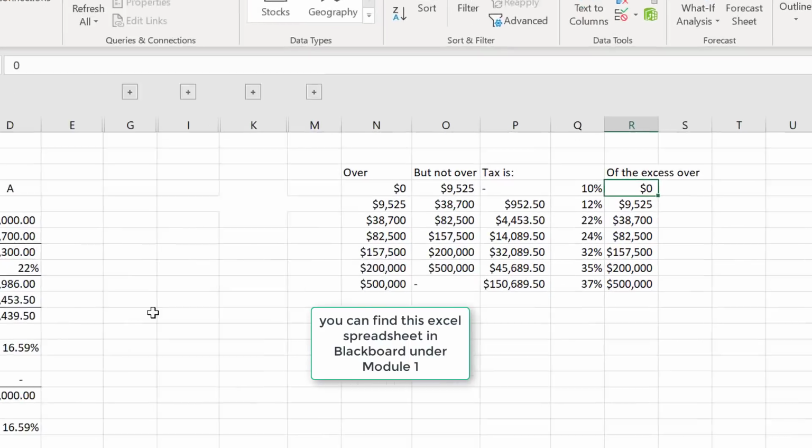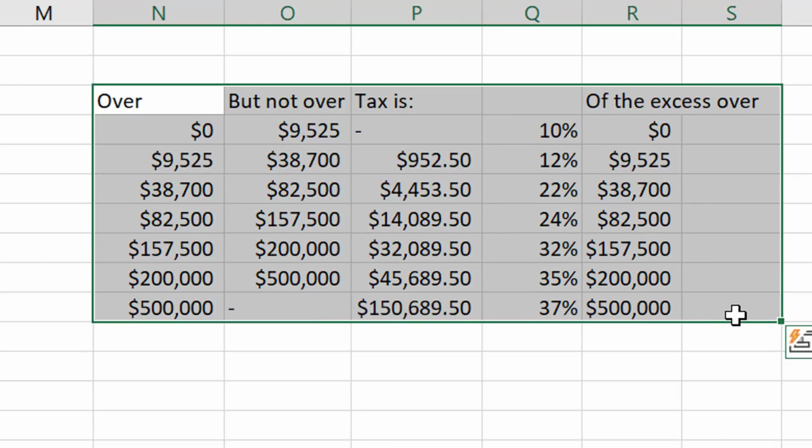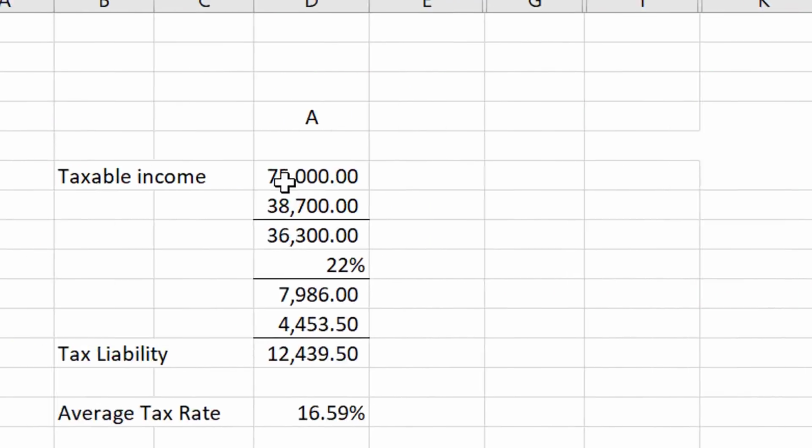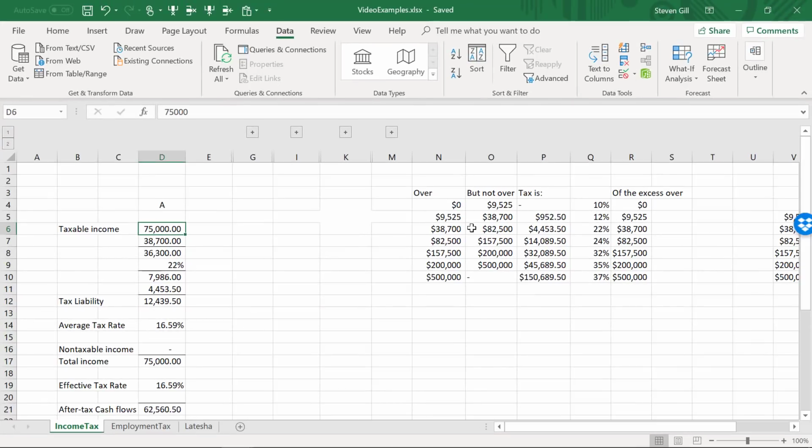Okay, so I've created the single taxpayer table for 2018 over here, just so we can see it. So let's start with SpongeBob's 75,000 of taxable income. 75,000 fits inside this bracket.